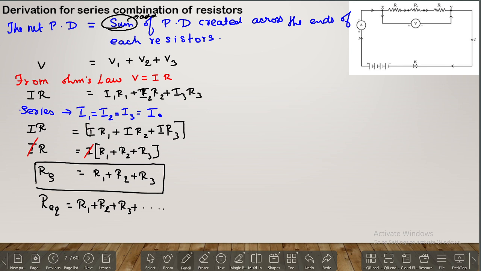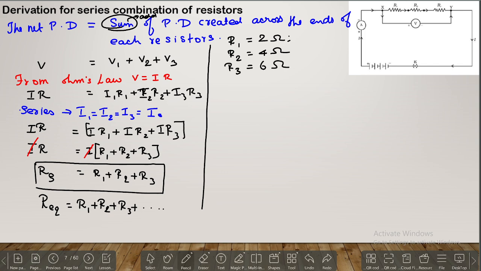If only 2 resistors are there, you can write the formula R is equal to R1 plus R2. Now, for example, let's take the resistance of R1 as 2 ohm, R2 as 4 ohm, and R3 as 6 ohm. Let's take values like this, and then we'll try to calculate the net resistance in series combination.